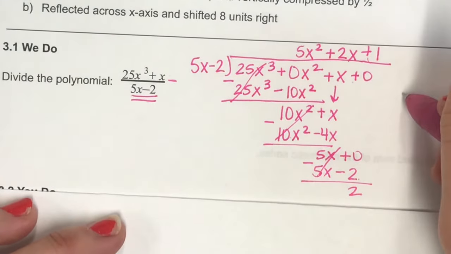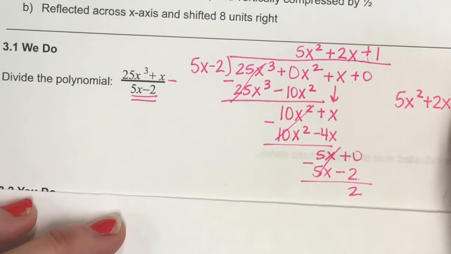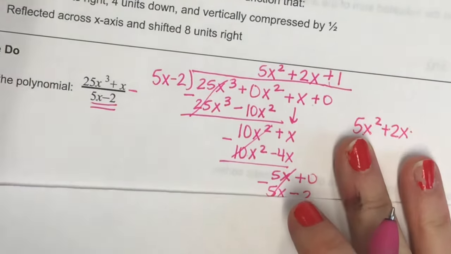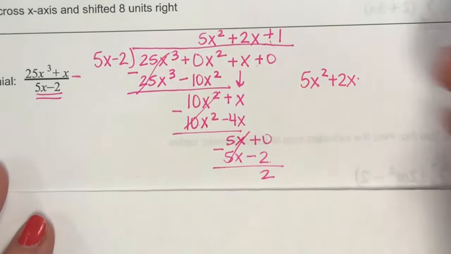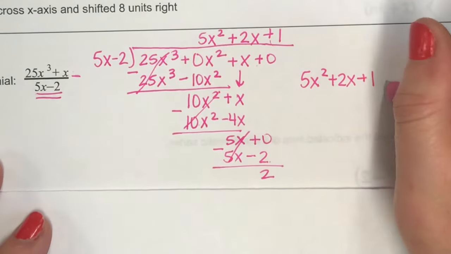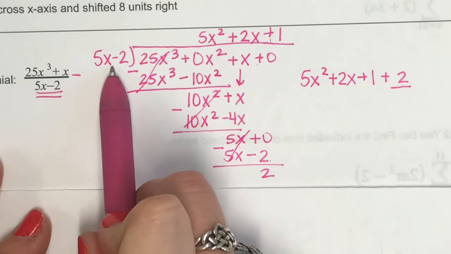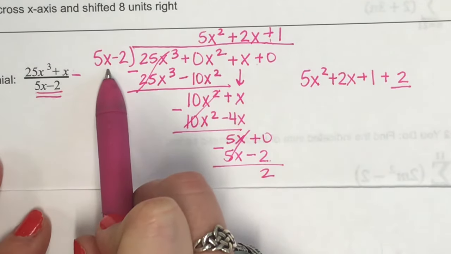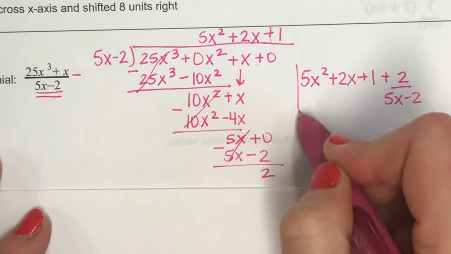So my final answer is 5x squared plus 2x plus 1 plus my remainder. My remainder is 2 over my denominator, so 5x minus 2. So this is my final answer.